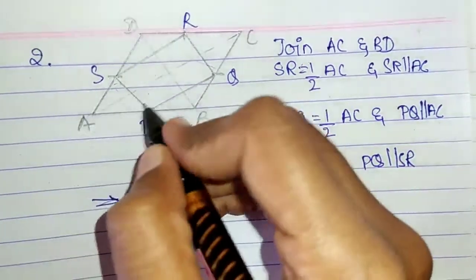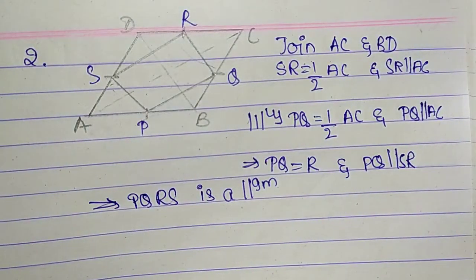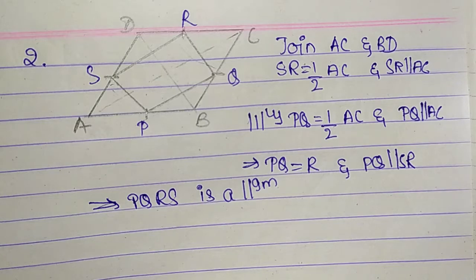Now we need to prove that one of the angles of this quadrilateral PQRS is equal to 90 degrees.